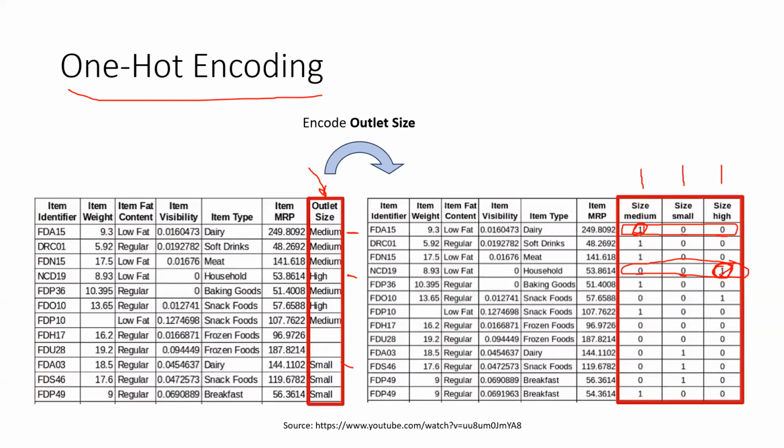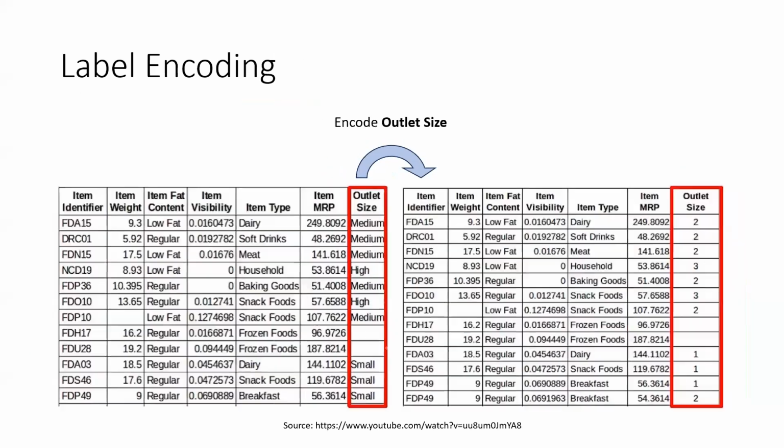is 1 and the other dimensions are 0. But in label encoding we just state the number of this label.